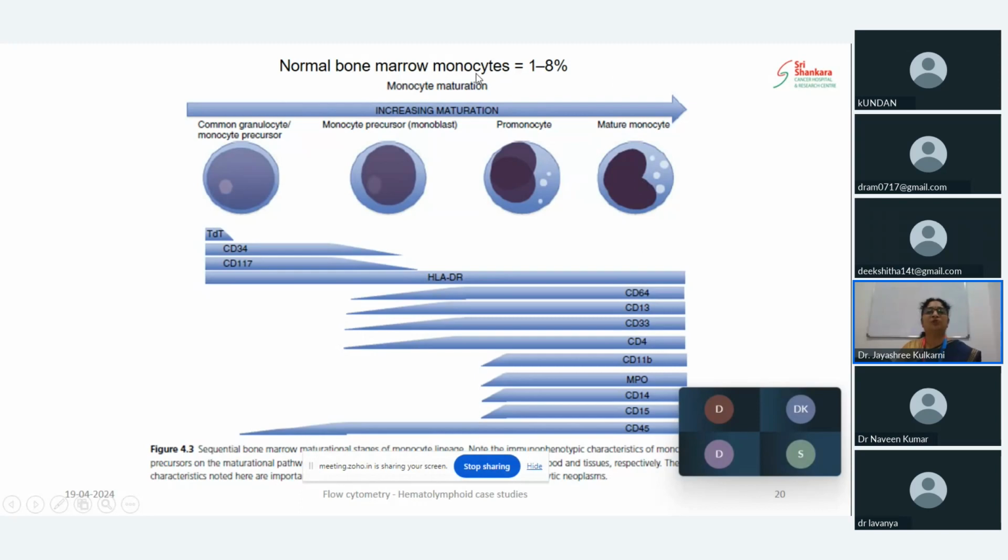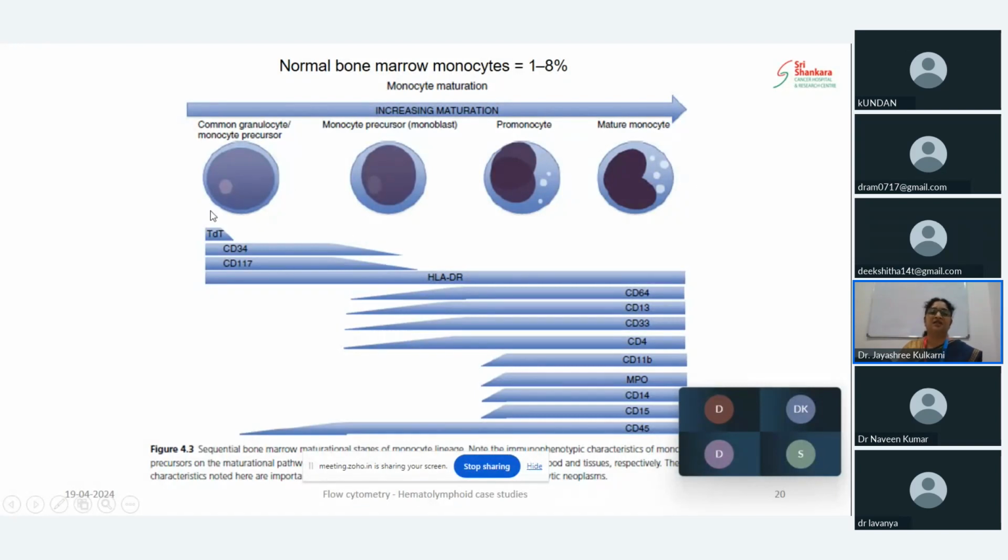Now, coming to the normal bone marrow with monocyte maturation, you have your monocyte precursor. Then comes your monoblast, promonocyte, and mature monocyte. So even the morphology, one should be very well aware. You start getting the convolutions and the cytoplasmic vacuoles, which are much more in the mature monocyte.